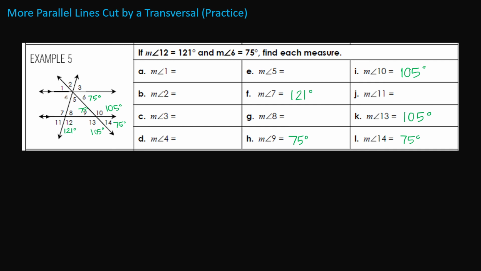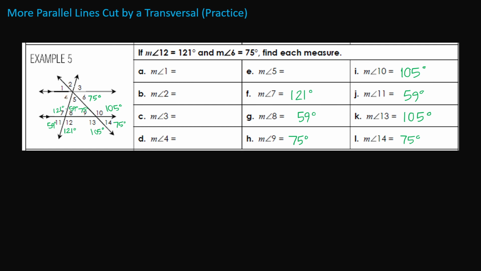And that means that angle 11 is 59 degrees. 180 minus 121 is 59 degrees. Let me go ahead and label what I know here. That also means that angle 8 is 59 degrees because it is a vertical angle to angle 11. It's also forming a linear pair with angle 7. So angle 8 is 59 degrees.